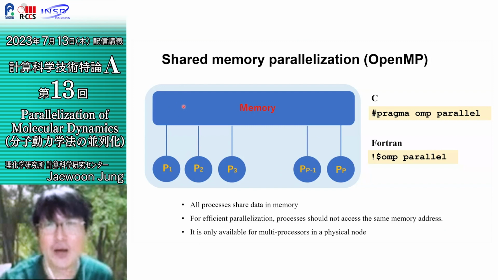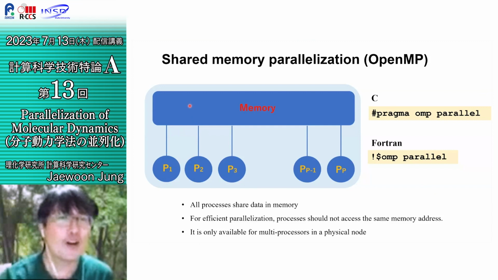There will be some problem in the overall calculation. So when you write the program, you should be very careful to confirm that different processors access different memory. In the case of reading, it's okay. This processor and this processor can read the same address.